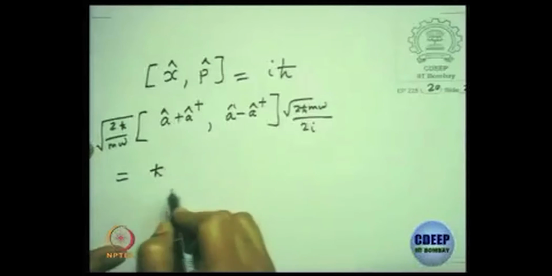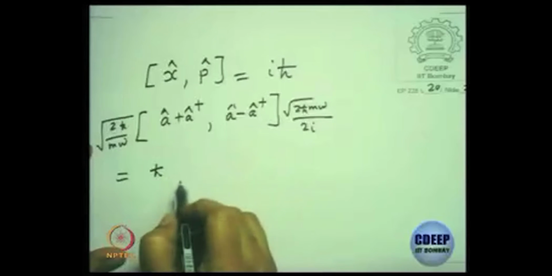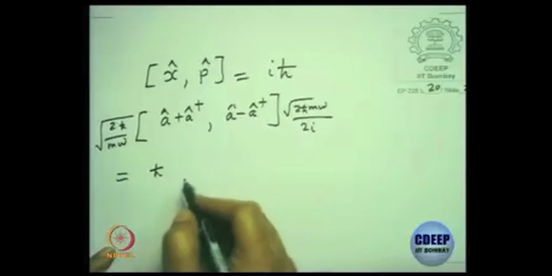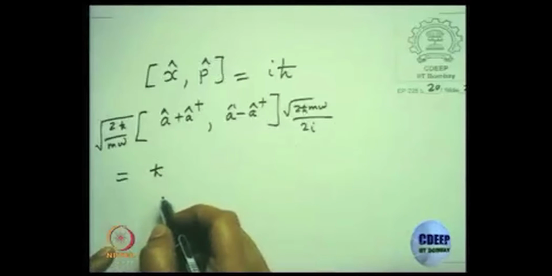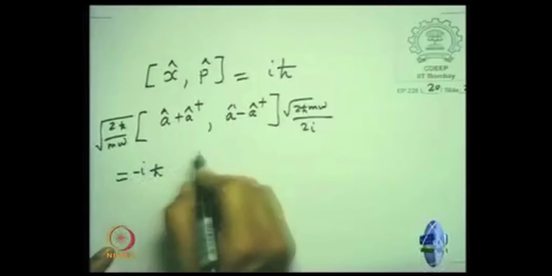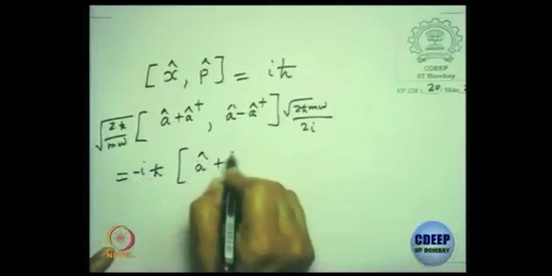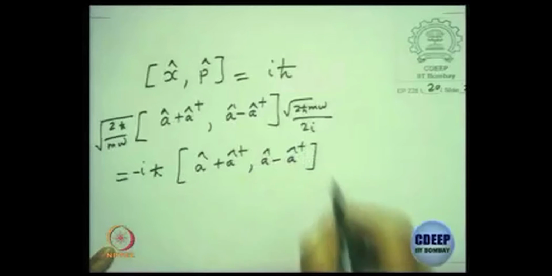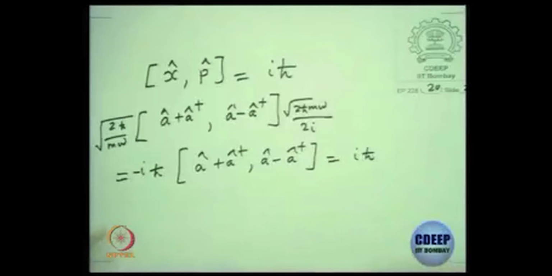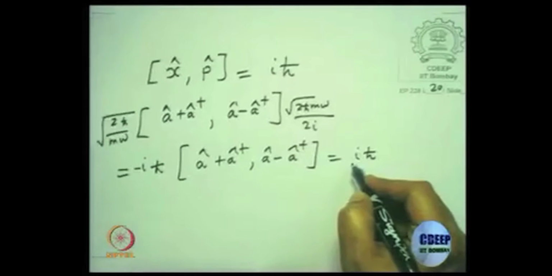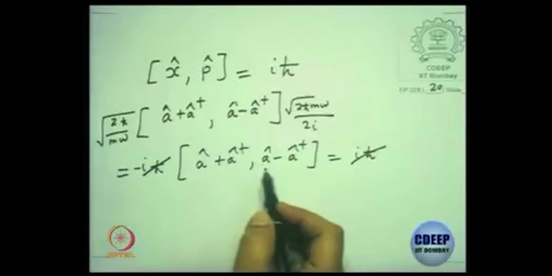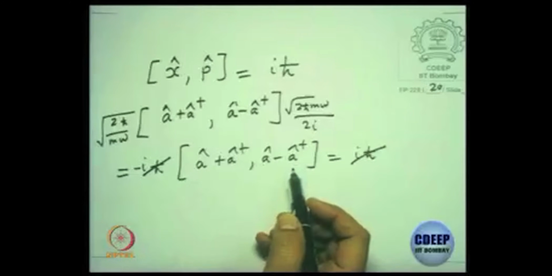This becomes H cross, M omega cancels, minus I H cross, I H cross. A with A is 0, A dagger with A dagger is 0.